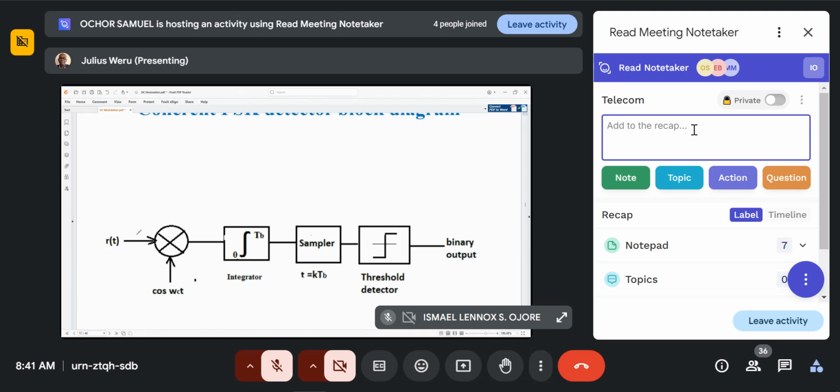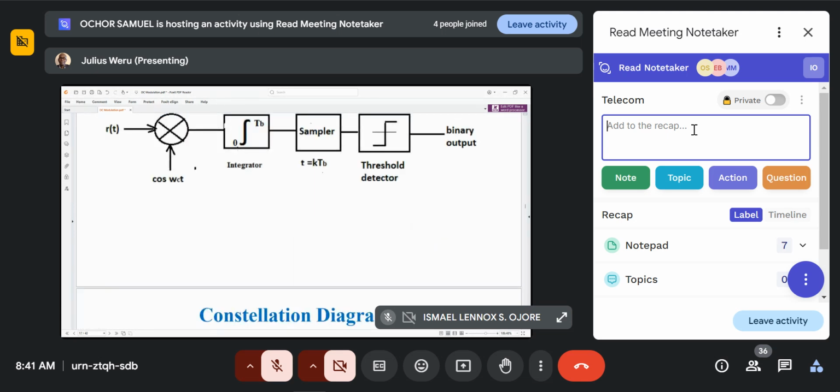So it's only when you have cos ωct multiplied by cos ωct, and you integrate over that period, that you are going to have an output. Otherwise, in other cases, you are going to have 0. So that's why it will be detecting the 1 when you have cos ωct, and 0 when you don't have cos ωct. So that's the binary output.